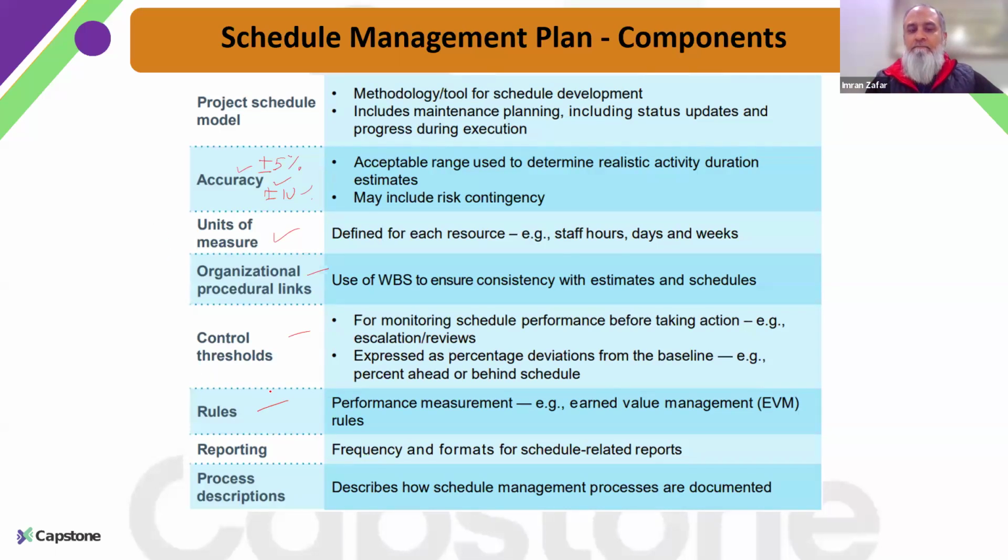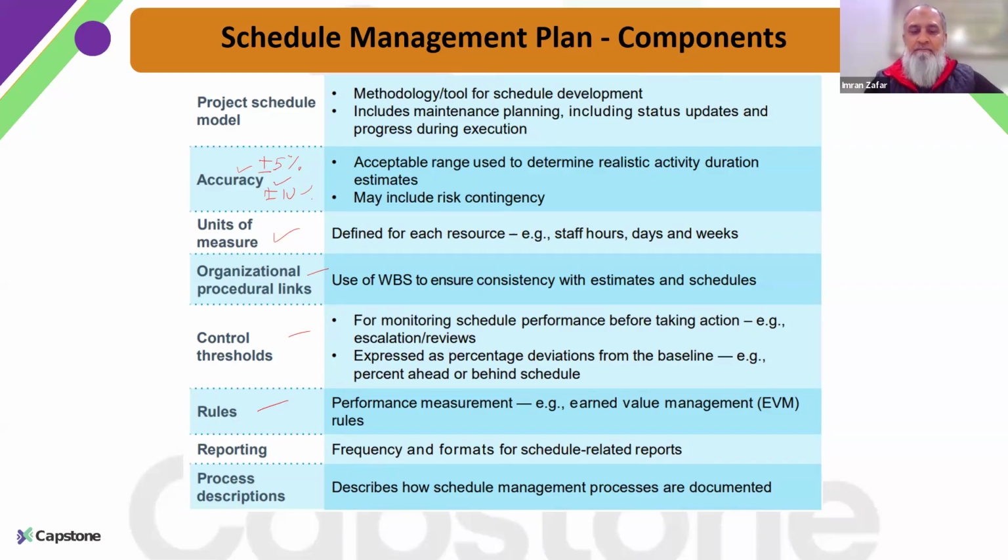How performance will be measured, like we will be utilizing earned value management or some other techniques to measure our performance. This earned value management we will talk about in the cost topic that is coming after this.